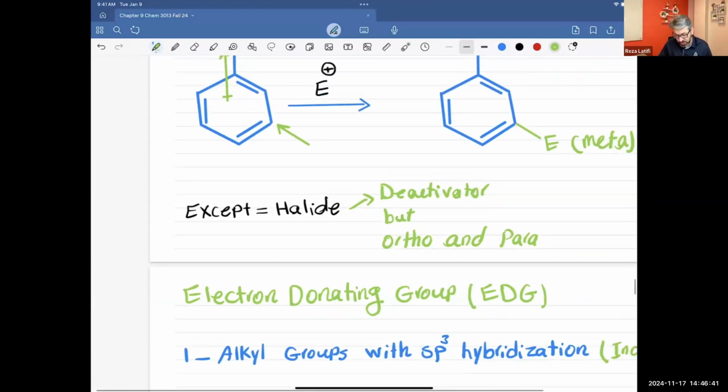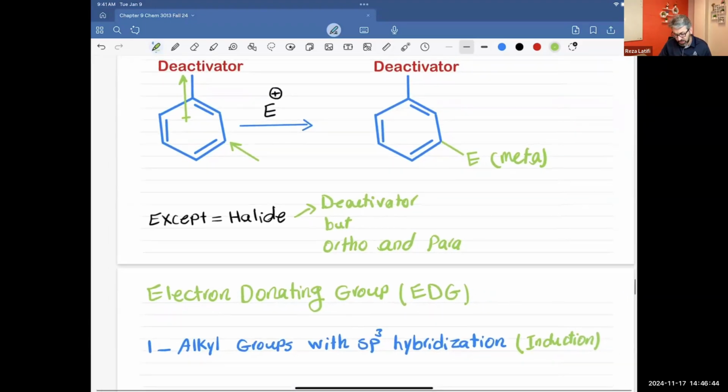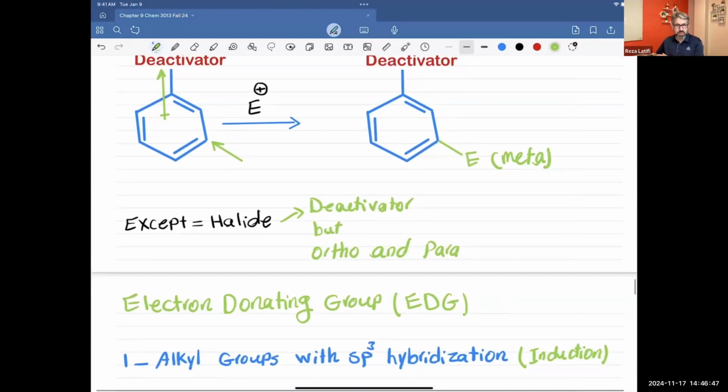So be careful about this one. Yes, they are deactivators. They are supposed to lead to the meta position, but this is an exception when it comes to halides. They will pull electron density from the ring, but they will direct to the ortho and para positions. What's the reason behind it? Mainly, it has to do with the lone pair on the halide, and we will talk about that very soon.